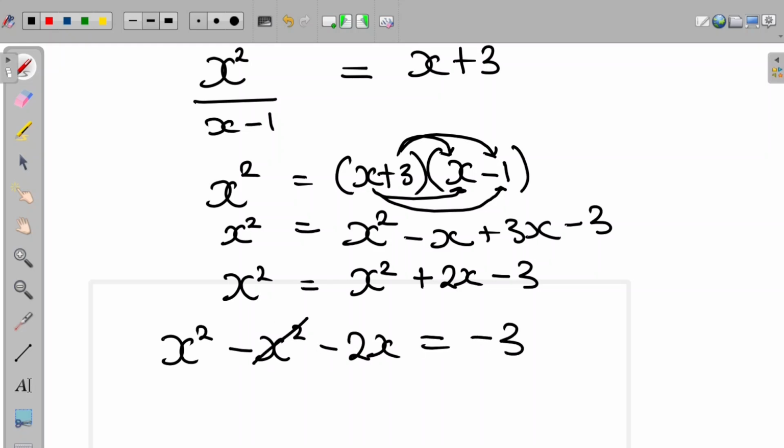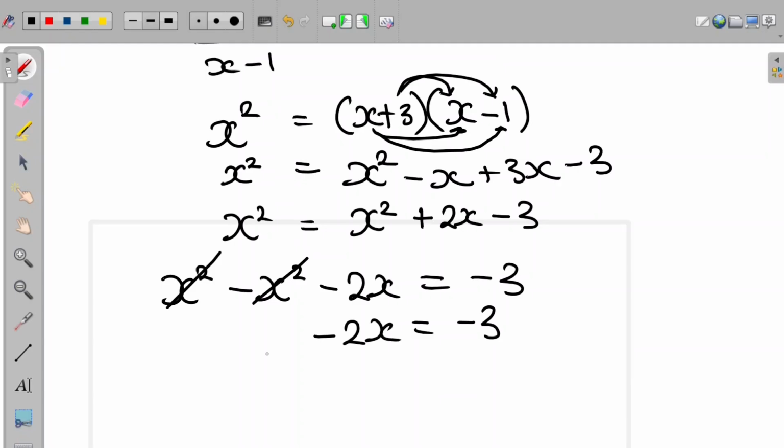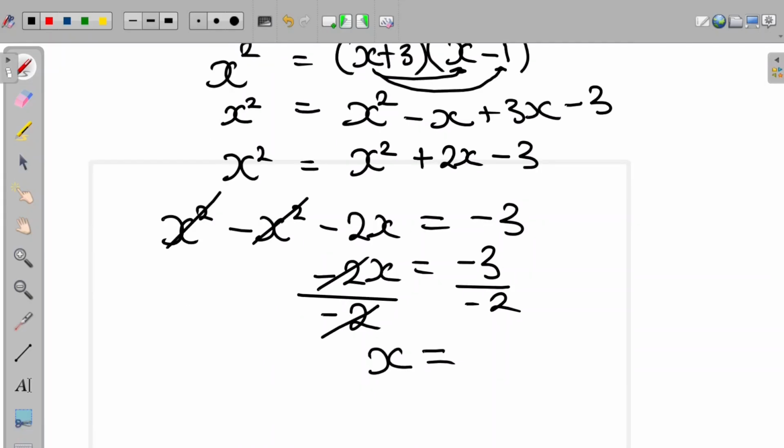So x squared can cancel out x squared. So we are left with minus 2x equal to negative 3. Therefore, if we divide both sides by negative 2, negative 2 cancels out negative 2. So we have it that x is equal to, minus also cancels out minus, so x is 3 divided by 2.